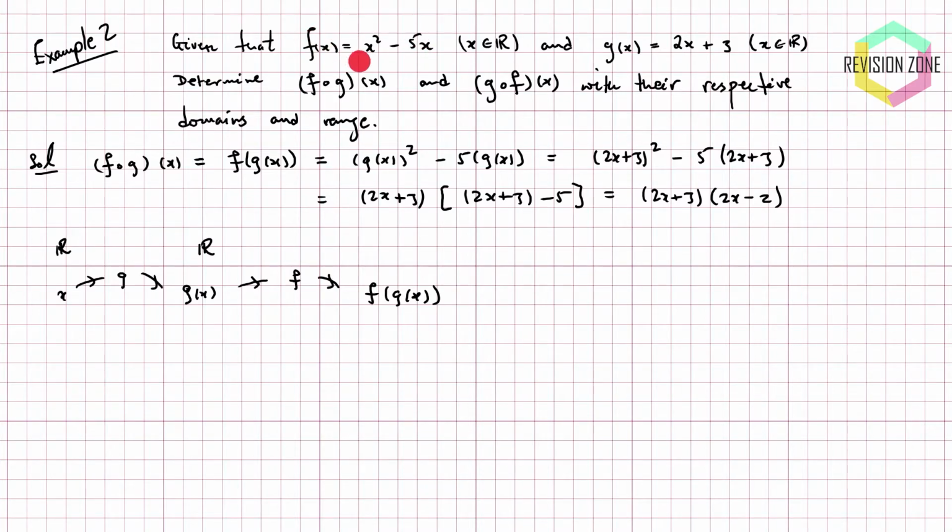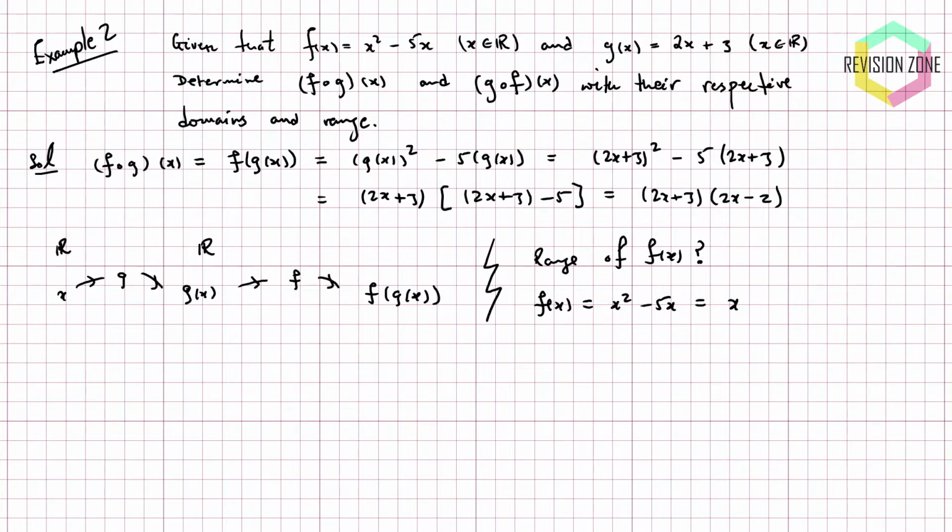Okay, so let's figure out the range for f by itself. So let me maybe do that here. Range of f of x, question mark. Well, we can figure that out because we've got f of x is x squared take away 5x, and we can just complete the square on this.